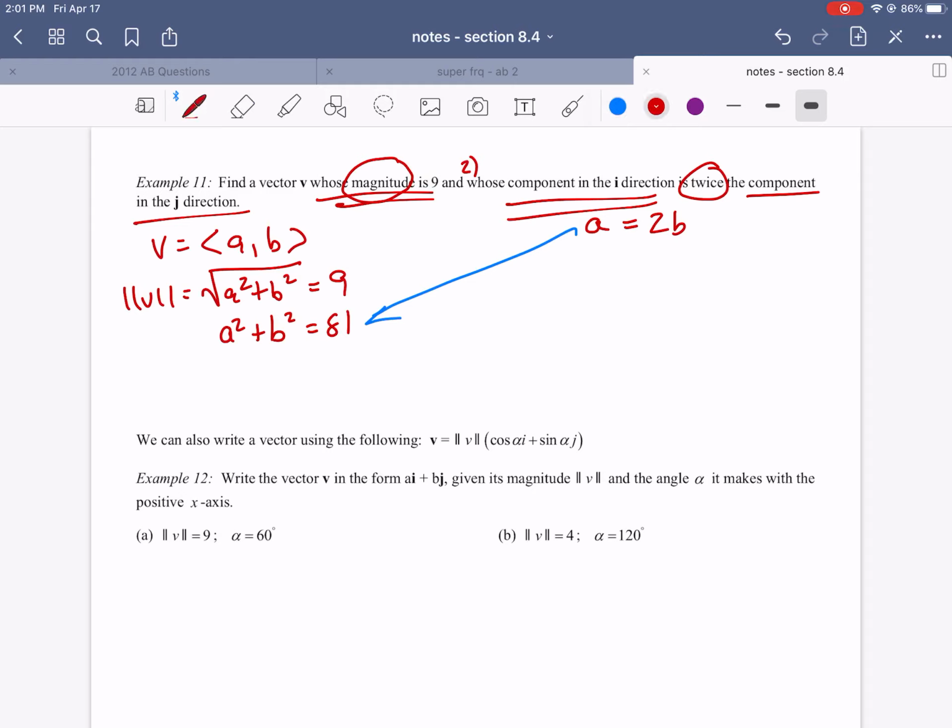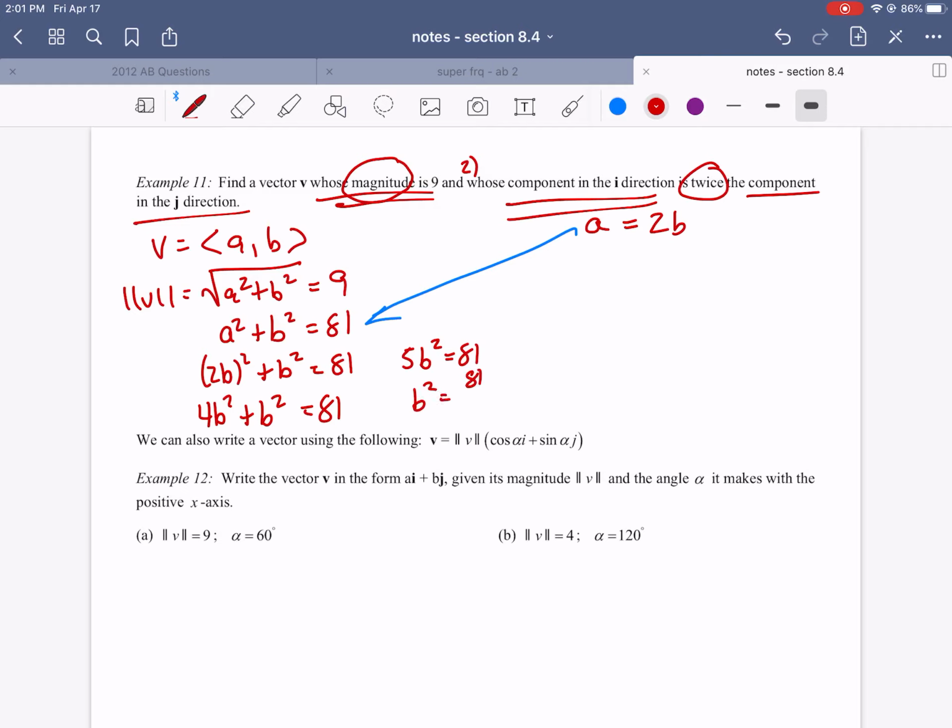Doing the algebra, this is going to be 2b squared plus b squared is equal to 81. When you square 2b, you end up with 4b squared plus b squared is equal to 81. Combining the like terms gives you 5b squared is equal to 81, and this is going to allow us to solve for b.